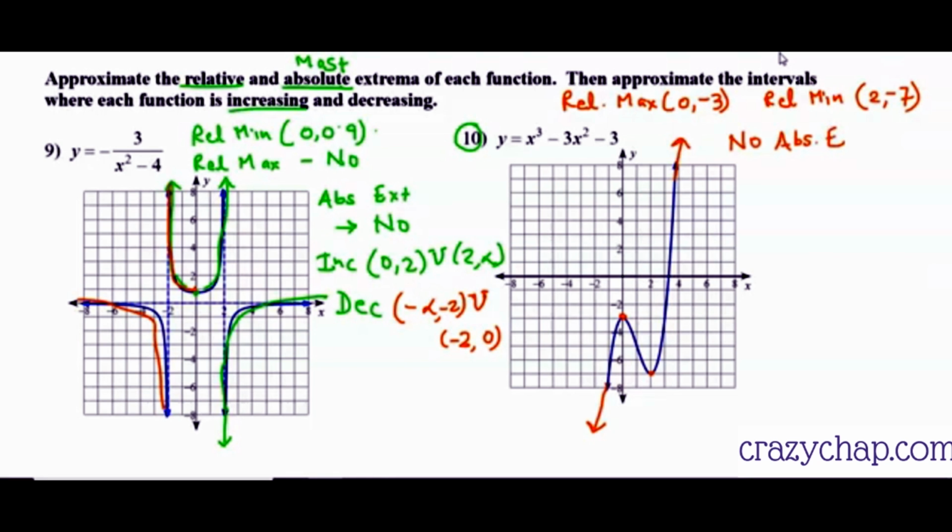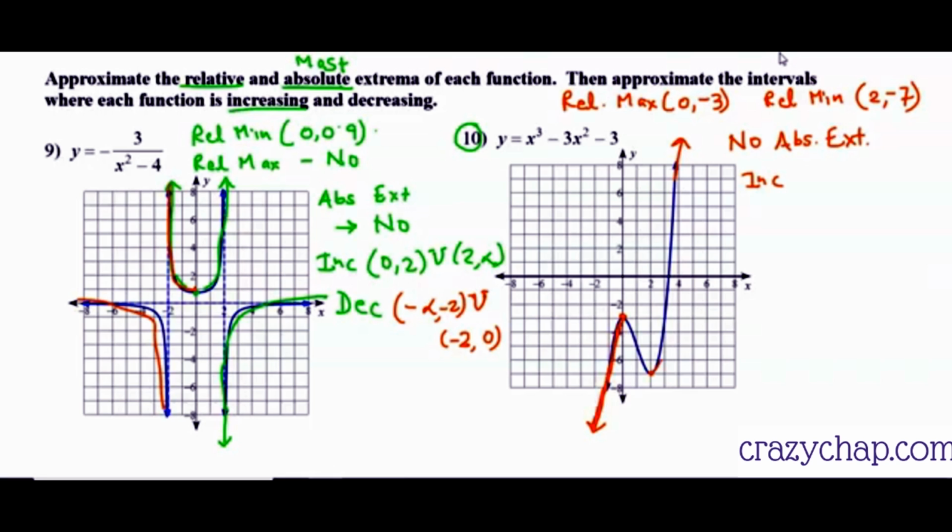So the function is increasing actually from negative infinity to 0. It is an interval, okay, the increasing interval we are writing, and from 2 to infinity because it keeps on going to the right. Okay, there is an arrow.